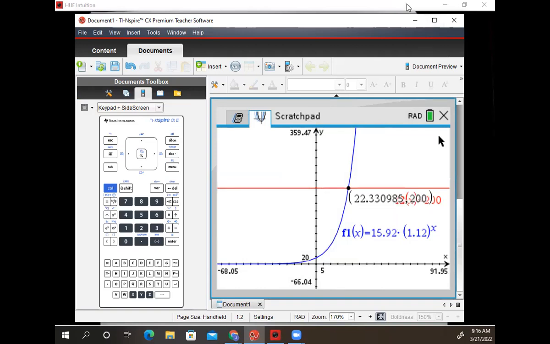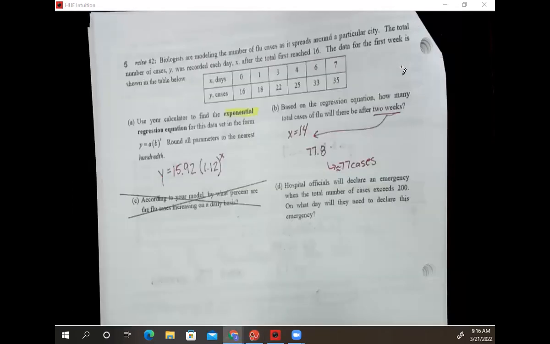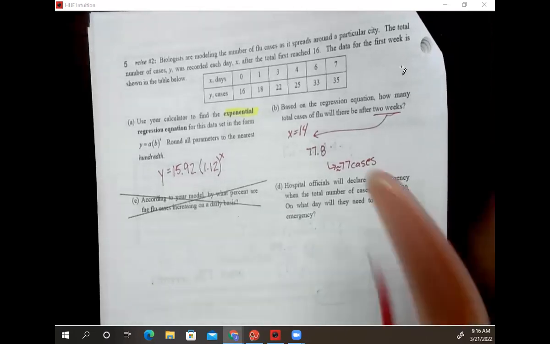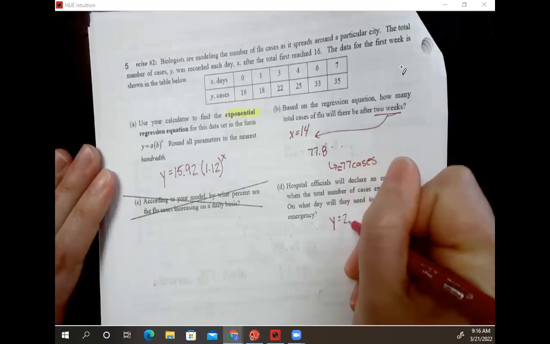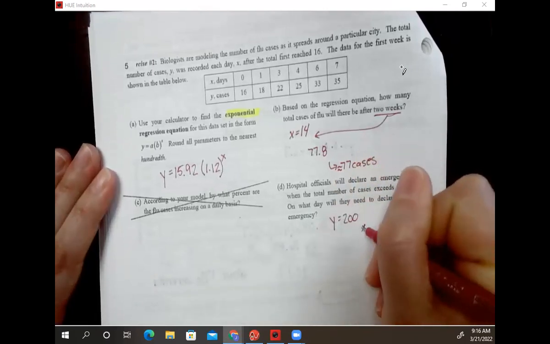Okay. So I'm going to put my calculator down and jot down in our notes what we just did and what we saw. So I know that I'm looking for when Y was equal to 200. So I graphed this.